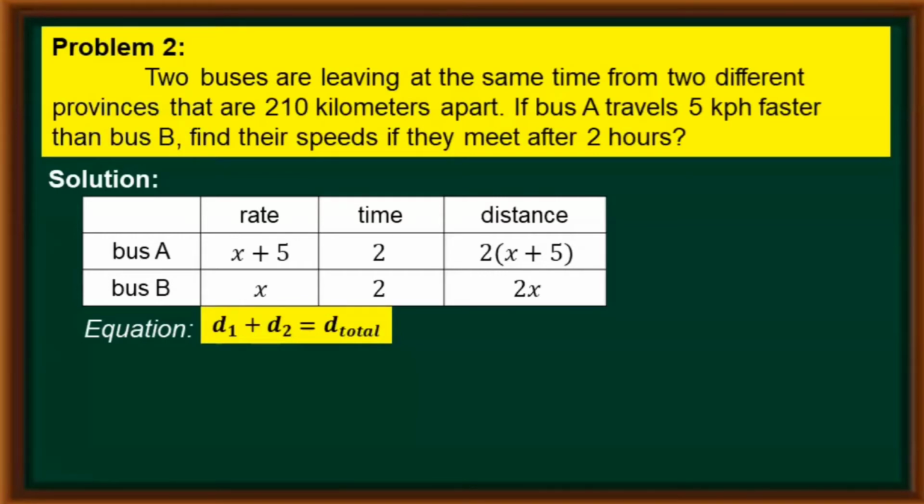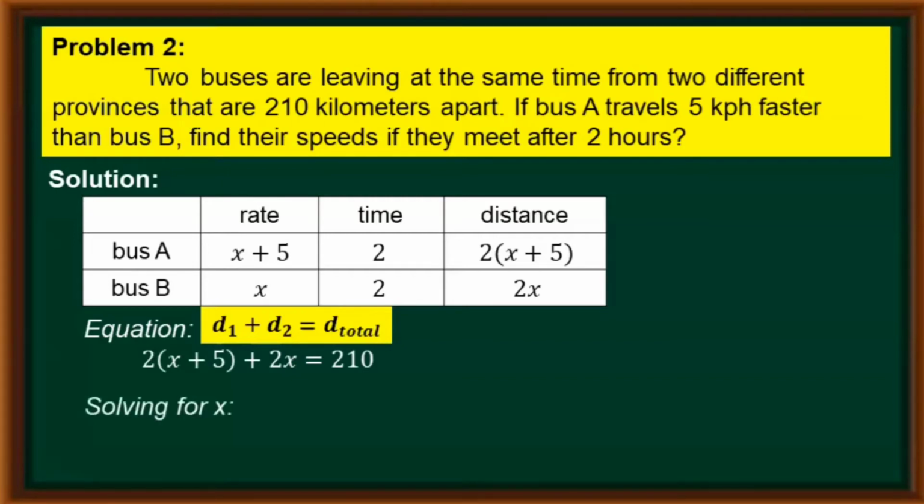For d sub 1, which is the distance traveled by bus A, we have 2 times x plus 5. Then we add that to the distance traveled by bus B, which is 2x. And the distance total traveled by the two buses is 210 kilometers apart. So, in equation form, that would be 2 times quantity x plus 5 plus 2x equals 210.